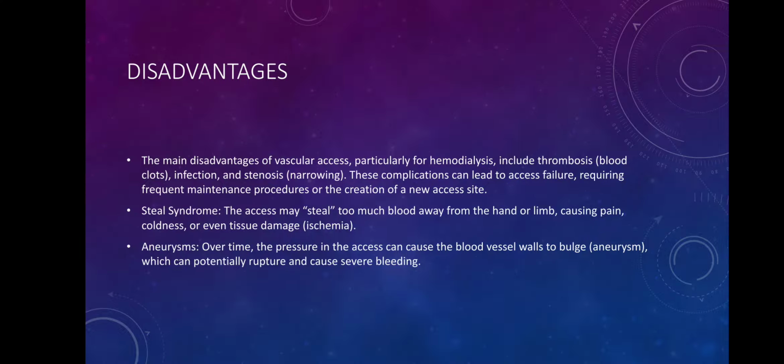Steal syndrome means the access steals too much blood away from the hand or limb, causing pain, coldness, or even tissue ischemia. Then aneurysm means over time the excess pressure can cause the blood vessel walls to bulge, which can potentially rupture and cause severe bleeding.